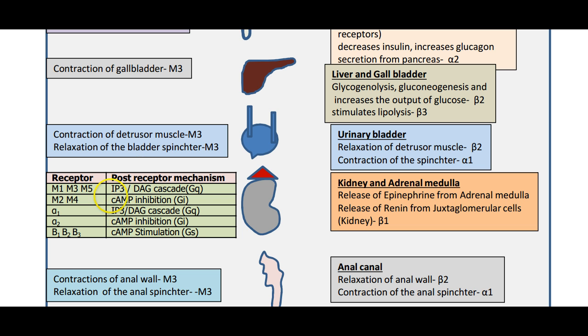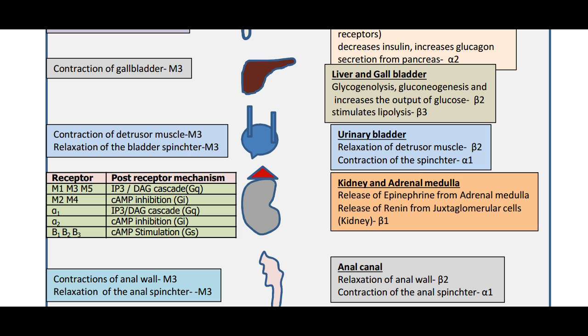Whereas the other set of muscarinic receptors, which are even numbers, that is M2 and M4, are basically Gi subtype of receptor. Gi means inhibitory type of G-coupled protein receptors. And what they do is they inhibit adenyl cyclase. So upon inhibition of adenyl cyclase, there is decrease in cyclic AMP.